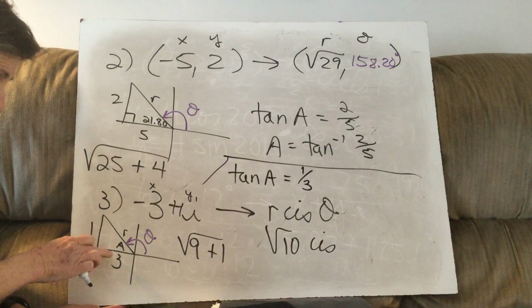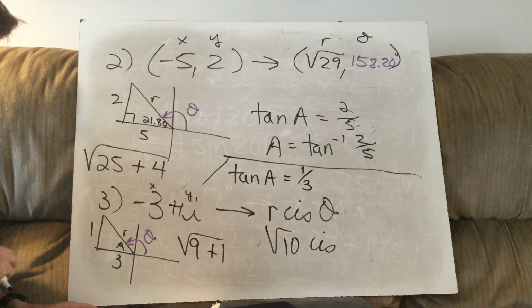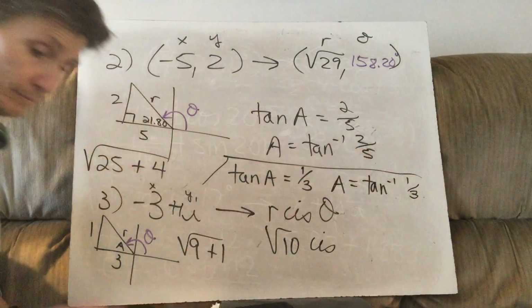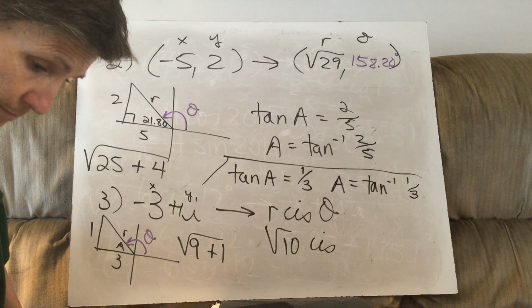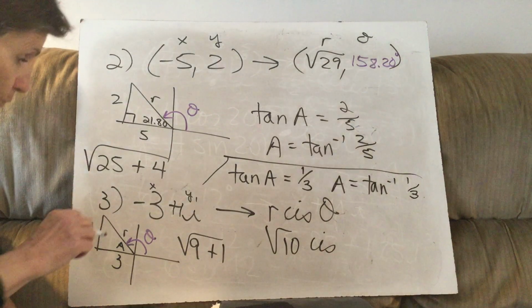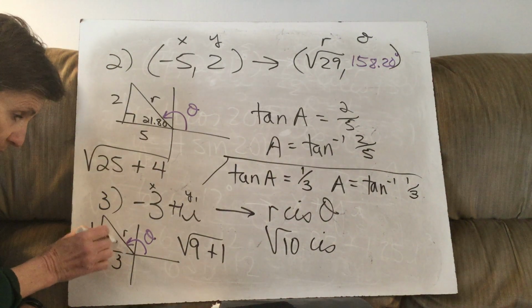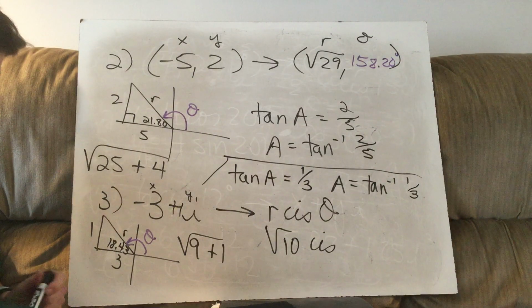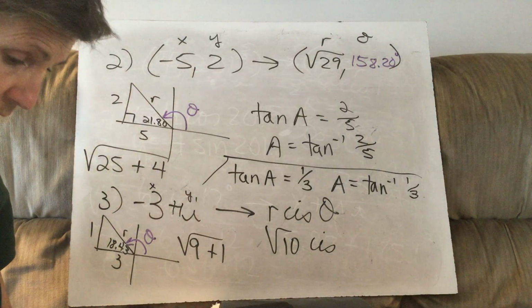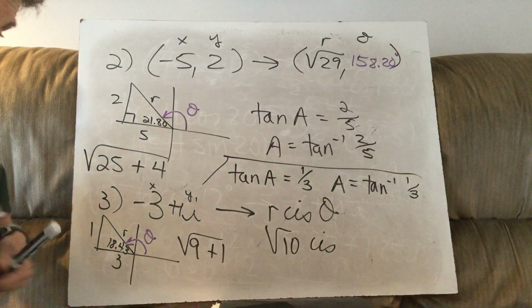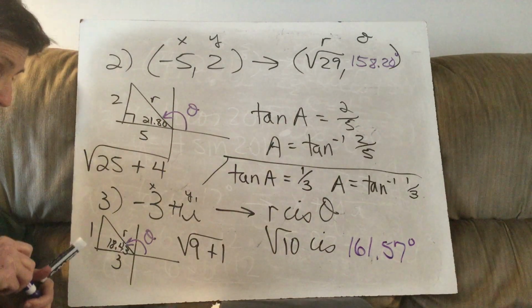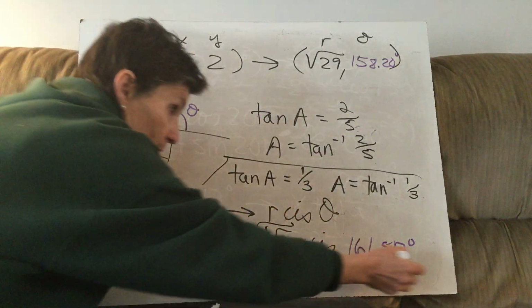I put that negative in there. I didn't mean to confuse you. Don't worry about it. So the tangent is 1/3. So A is going to be inverse tangent of 1/3, which is 18.43. So this little angle right here is 18.43. So what's your theta? Your theta is going to be 180 minus that, 161.57. And that is the answer to question 3.